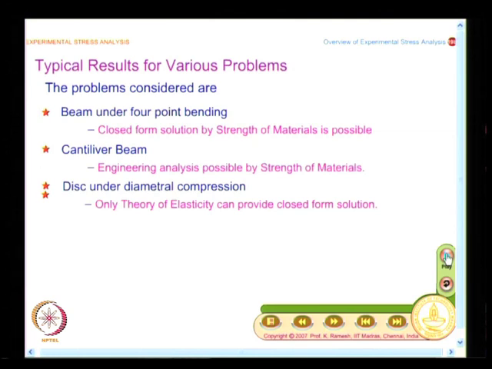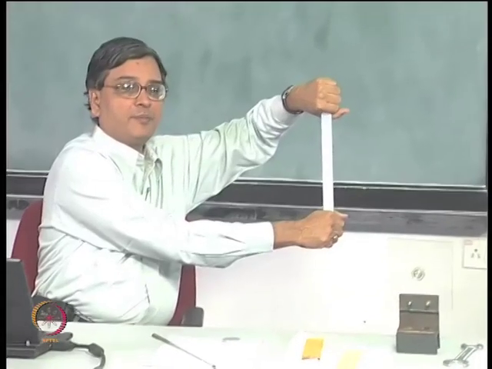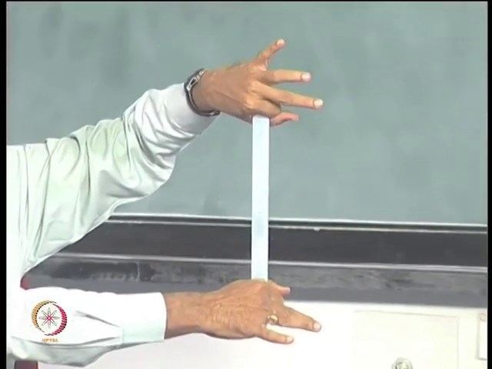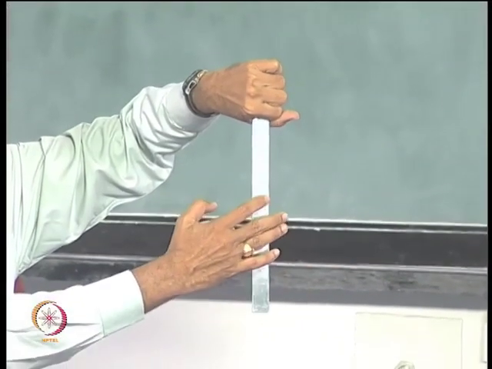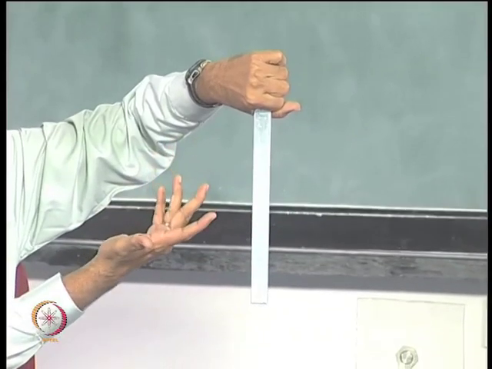This is what we had seen in the last class. When I have the bar and I pull it, strength of materials is good. The moment I put a hole, I cannot do it by strength of materials.